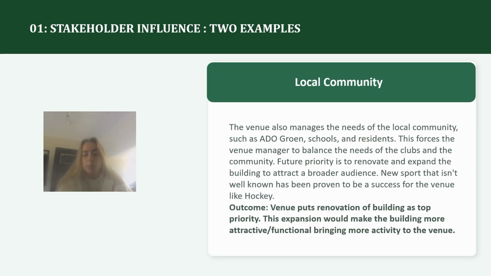A new sport that isn't well known has been proven to be a success for the venue, like it also happened with hockey. And the outcome is that the venue puts renovation of the building as top priority, and this expansion would make the building more attractive and functional, bringing in more activity to the venue.